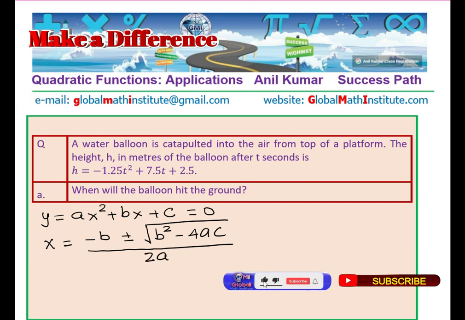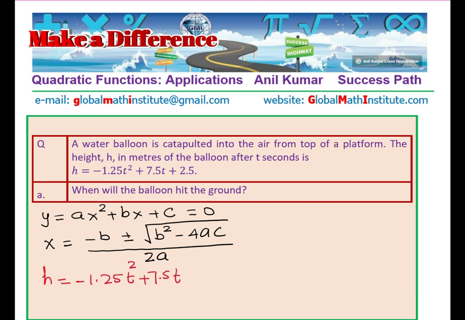Now look here, the equation which we are given is h equals to minus 1.25 t square plus 7.5 t plus 2.5. Now if you compare, our independent variable is t, the time in seconds, and we also know that the value of t is greater than equal to 0.